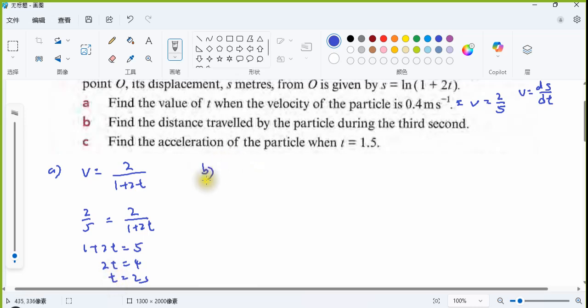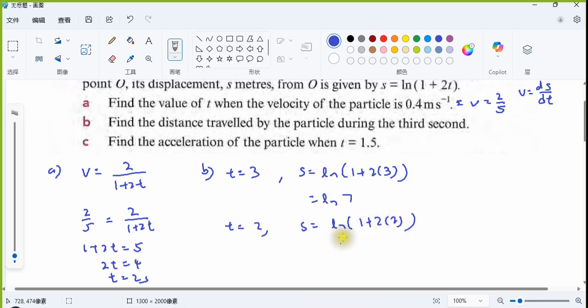B, find the distance traveled by the particle during the third second. So when t equal to 3, s equal to ln(1 plus 2 times 3), which is ln 7. When t equal to 2, s is ln(1 plus 2 times 2), ln 5.